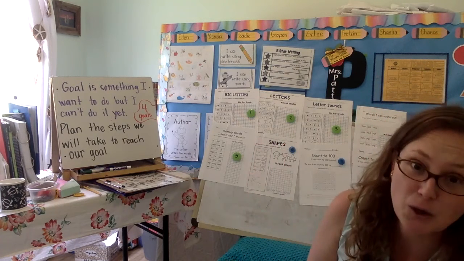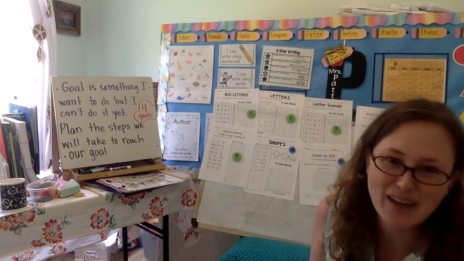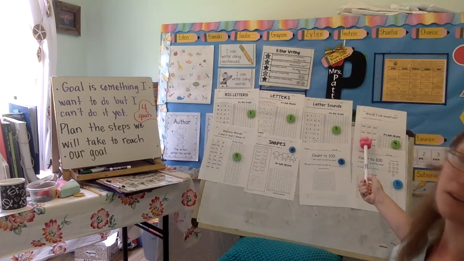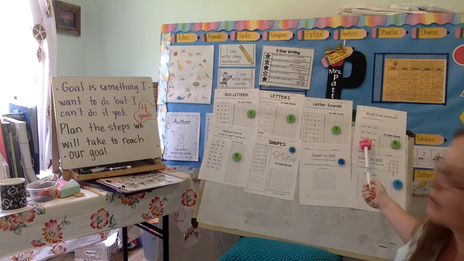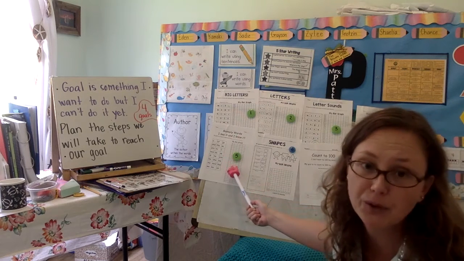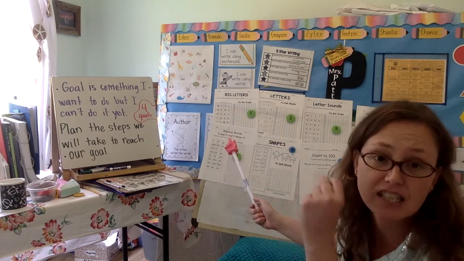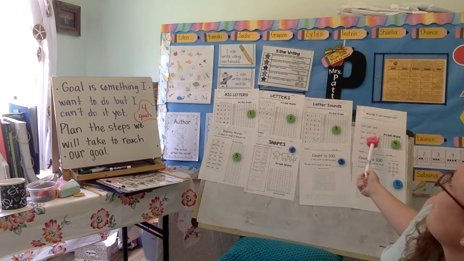So our next choice is right behind me. I'm going to move out of the way. We have number 4 here, which is words I can sound out, or number 5, memory words. Words I just see and I know in my brain. So I'm going to say it again.